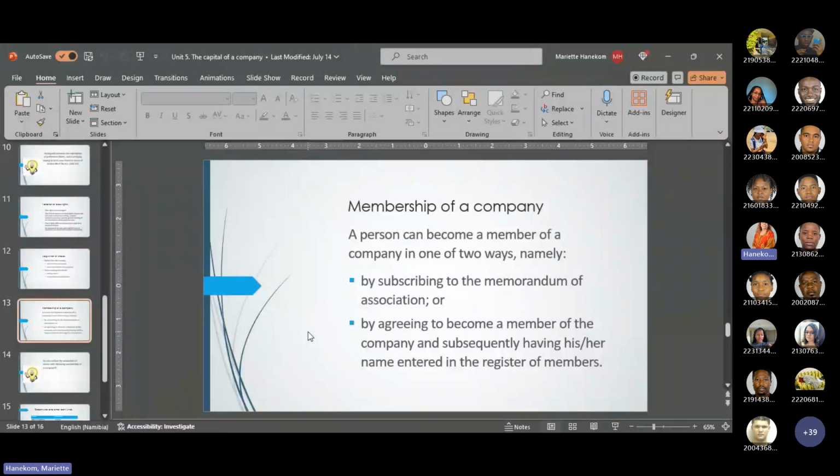Sometimes I'll refer to the members, sometimes I'll refer to the shareholders. In most instances, membership and shareholding is exactly the same. You cannot be a shareholder of a company without also being a member.